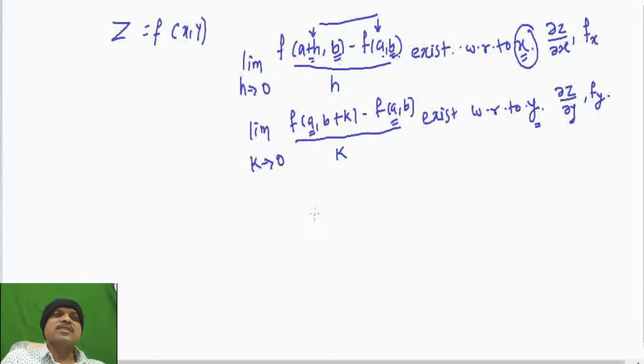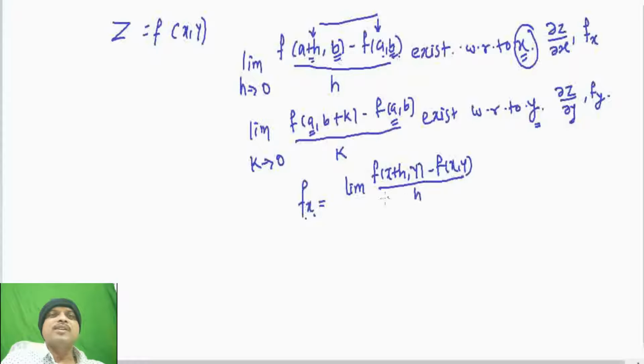Similarly, for the general case we can write fx, meaning derivative of f with respect to x. This is a partial derivative with respect to x, and it is the limit of f of x plus h comma y minus f of x comma y divided by h, as h tends to 0. When this limit exists, it is called the partial derivative with respect to x.